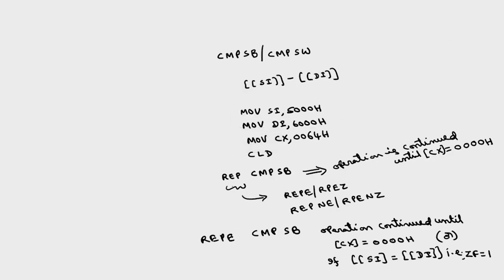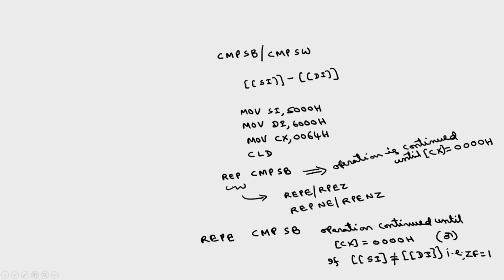It is continued if CX is not equal to 0000, or it will quit. This compare operation will quit if CX is not equal to 0000 and SI is equal to DI. So this operation will be continued until this is not equal.